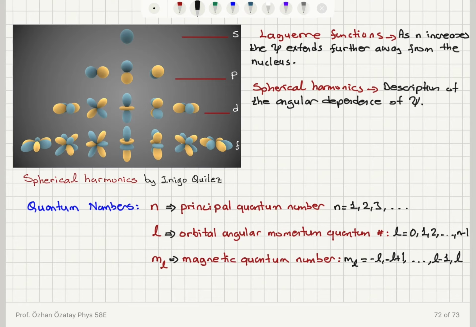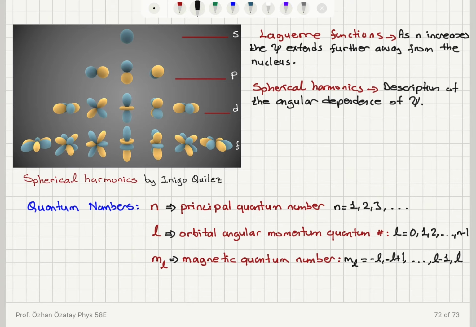So we have a set of three quantum numbers that arise from solving Schrodinger's equation for the hydrogen atom, and we can list them as follows: N, L, and M sub L, where N can take integer values 1, 2, 3, etc. And L, orbital angular momentum quantum number, takes values 0, 1, 2, all the way up to n minus 1.